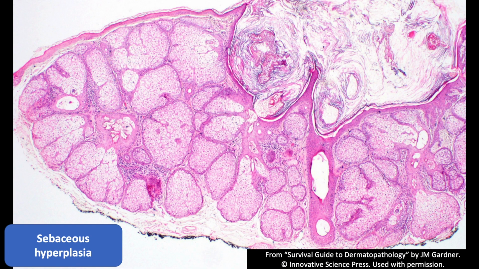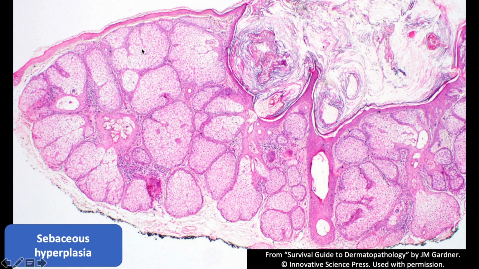So sebaceous hyperplasia is the easiest, and these usually are yellowish papules on the face of older adults or middle-aged adults, and they often have this depression in the center clinically, and that's because you have this kind of dilated opening here, and so sometimes they call that a dell, D-E-L-L. Clinically, there's a little dimple or dell in the middle of these yellowish papules, but these can get confused with basal cell carcinoma clinically, and because of that, we will see biopsies of them from time to time because the dermatologist wants to rule out basal cell carcinoma.